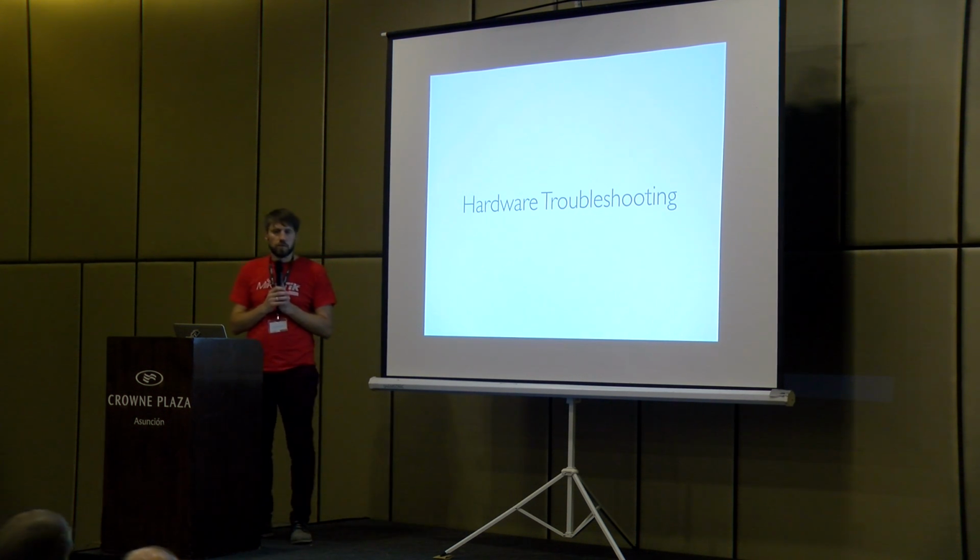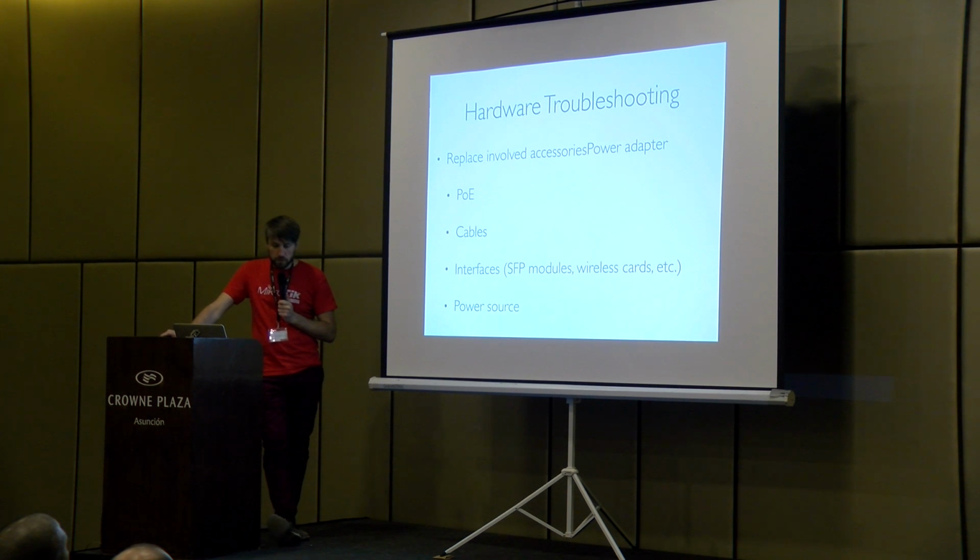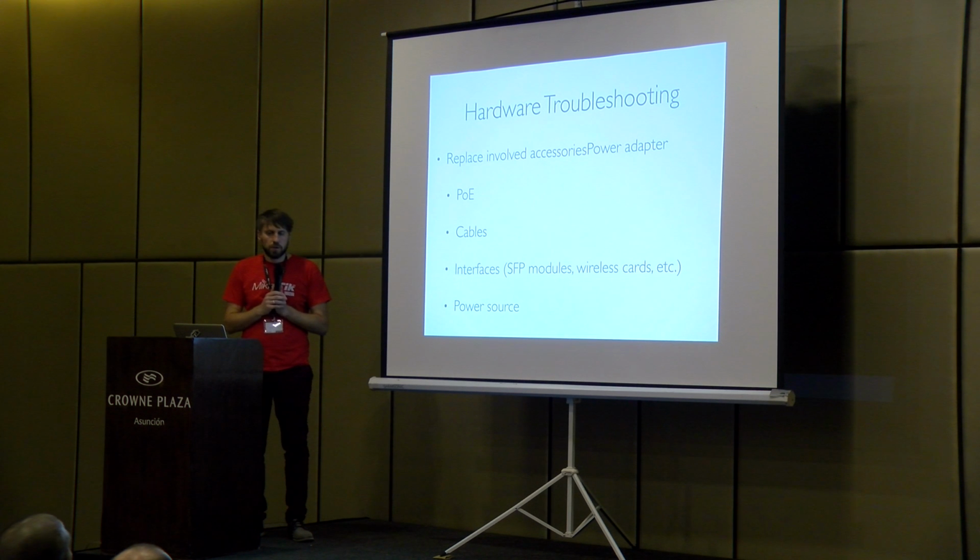What is wrong when your hardware is not working? Here are some suggestions from our side. If something is wrong with hardware, the first thing to check is all the accessories that are used. Power adapter: if the device is powered by a power adapter, try to change it. Is the device powered by PoE?